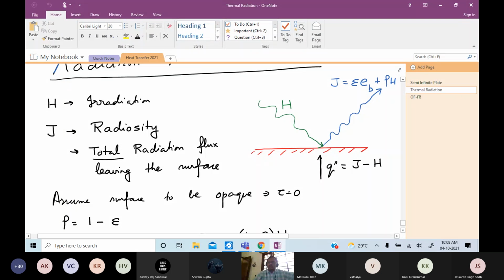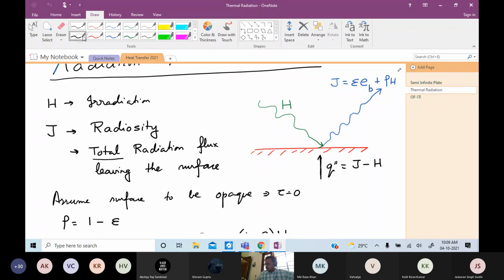Now, out of that, what happens? Part of it is reflected, part of it is absorbed, assuming that the surface is opaque. And the surface, because it is at a certain temperature T, is also going to emit radiation, which is epsilon sigma T to the power 4.